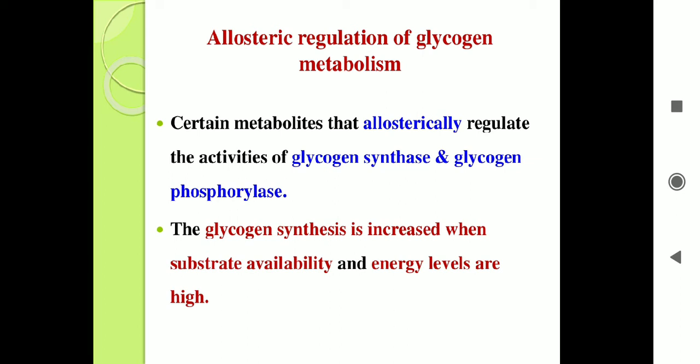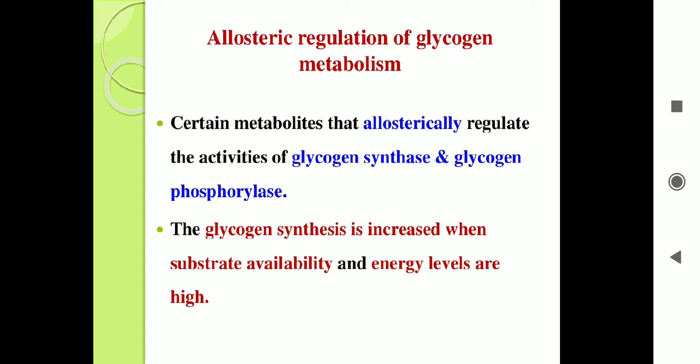And the second one, phosphorylase, converts glycogen to glucose 1-phosphate, right? So glycogen synthesis is increased when substrate availability and energy levels are high, right? Because every enzyme has a specific substrate, right?